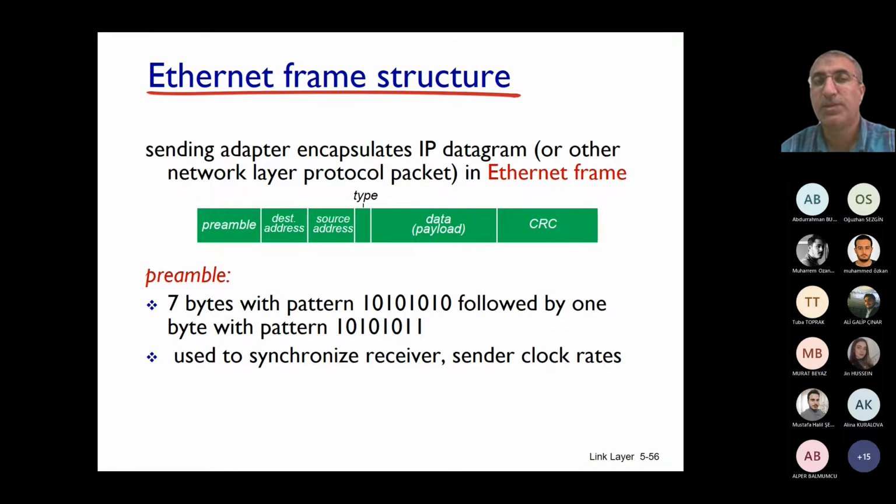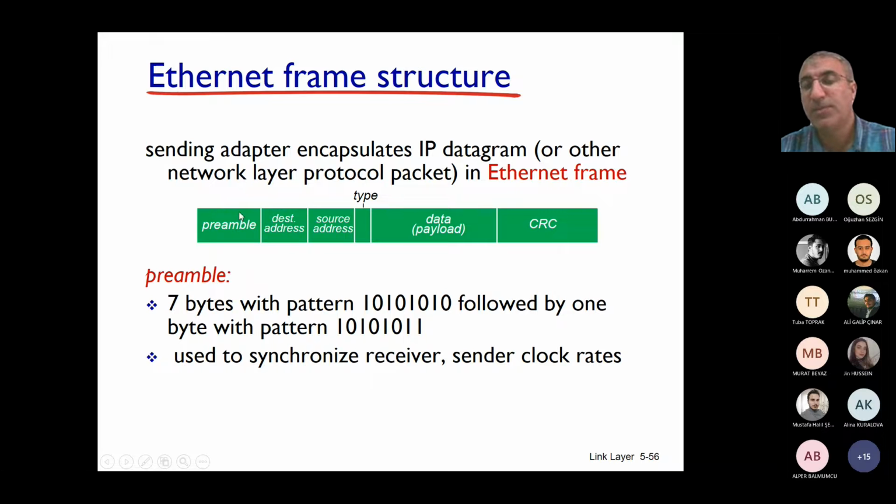Let's look at the frame structure of Ethernet. Remember, the sending adapter NIC encapsulates the IP datagram into an Ethernet frame, as you see. This is the data payload, and this is the CRC, remember, for error detection. We also have a header, which consists of the preamble, destination address, source address, type, and so on.